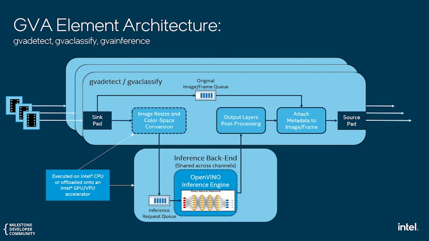Resized and color space converted frames are passed to the underlying inference engine backend into the inference request queue. Once the inference request is complete, the engine outputs the frame and passes it for necessary post-processing. Once that is done, the received metadata is attached to it or synchronized by means of the timestamps.